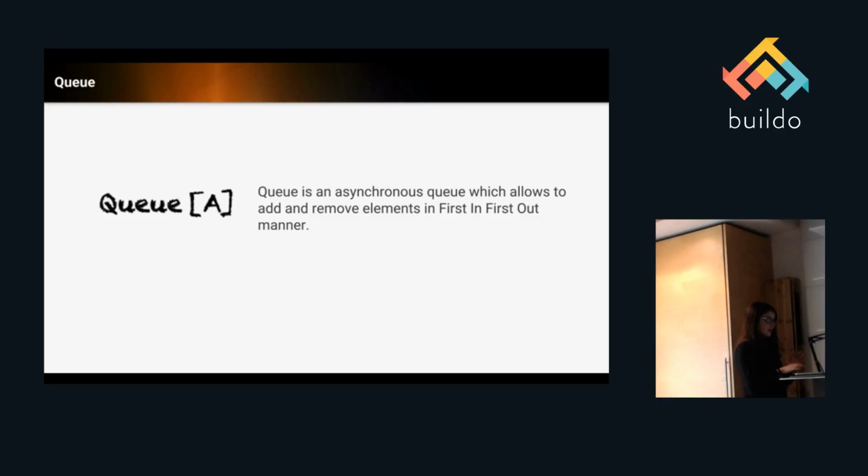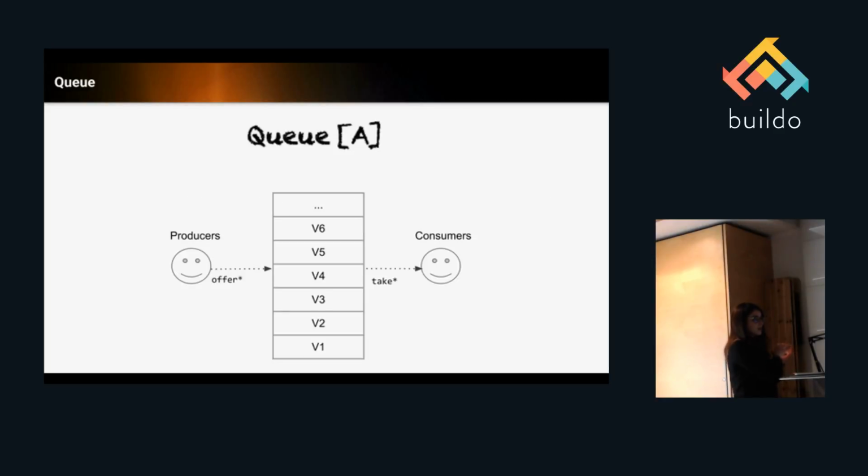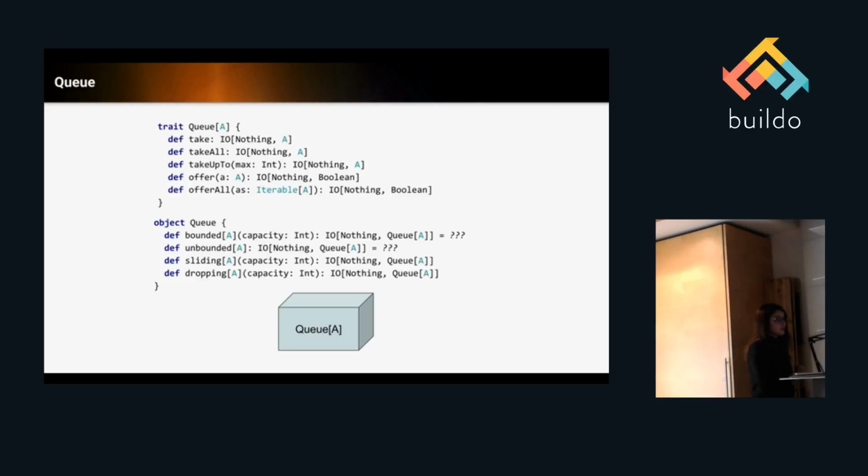So you will have producers and consumers, and you will have a queue with a value of type A, and the basic functions in queue are offer and take. And the structure of queue is like this. You can also take all elements and offer all if you have many values that you want to offer.